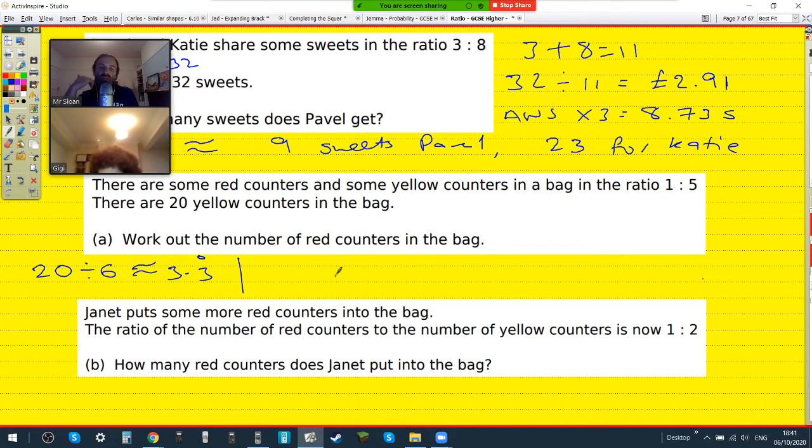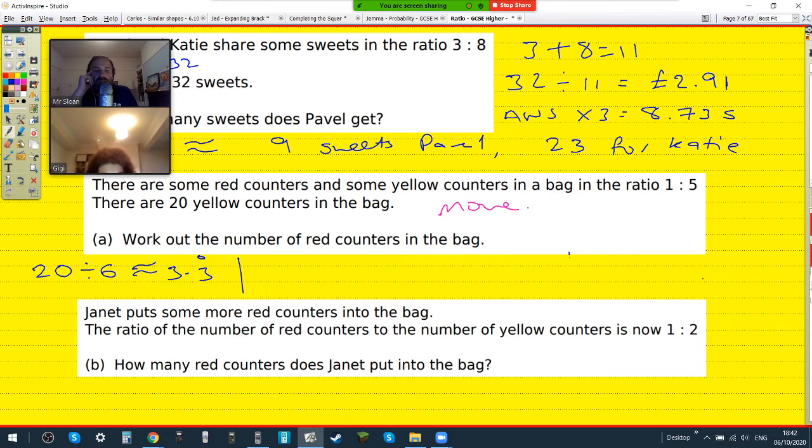How many red counters are in the bag? 3.3, I guess. No. This is a different type of question. Shouldn't be here. That's confusing, but we better do it now.